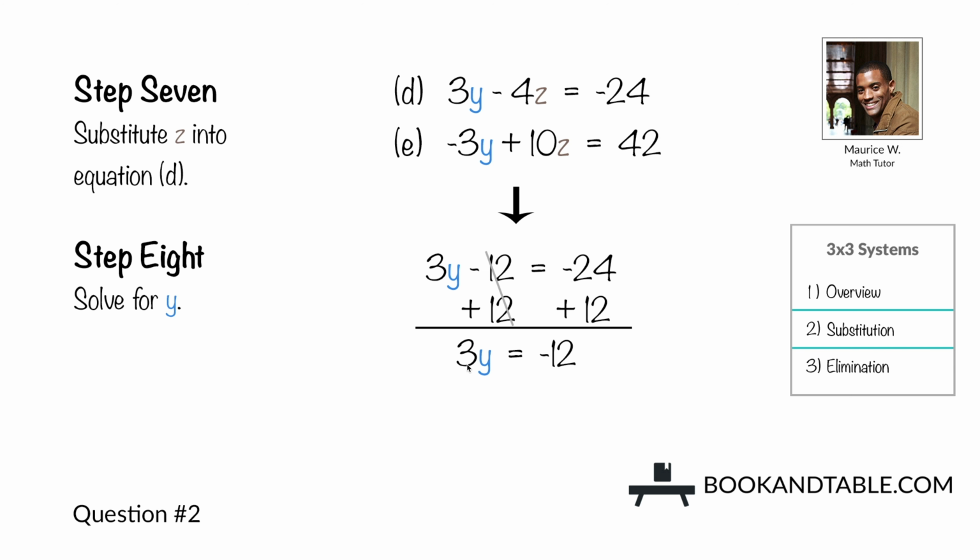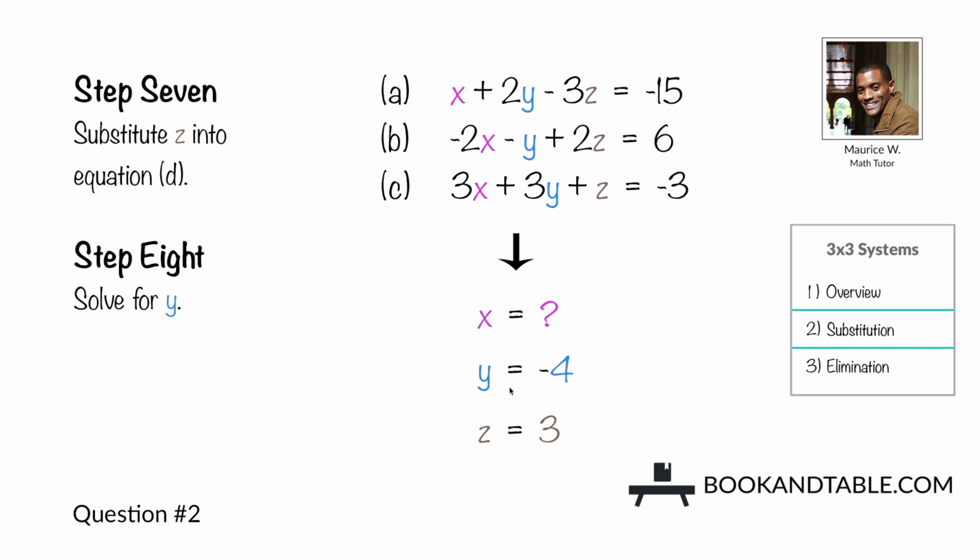And now to remove this 3, we divide both sides by 3, giving us y is equal to negative 12 divided by 3, which shows us that y is equal to -4. So now we've found that z is 3 and y is equal to -4.